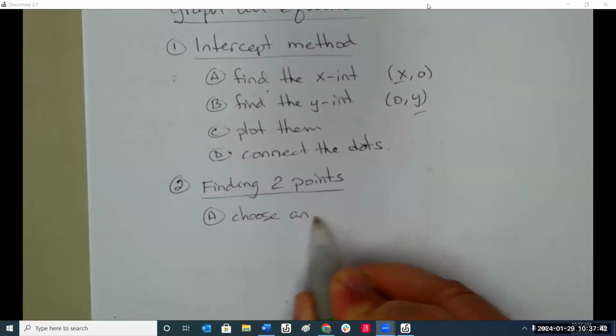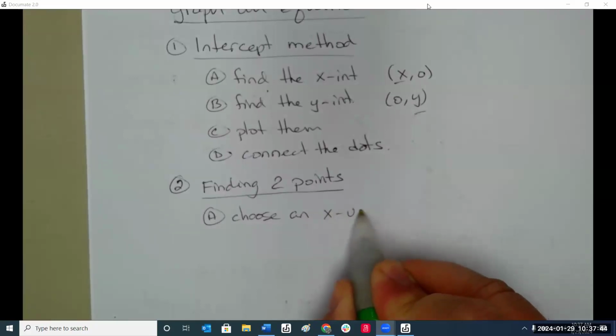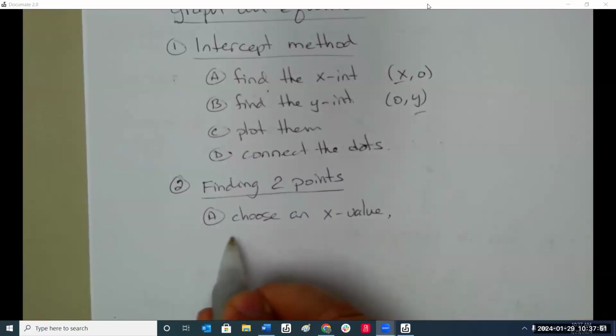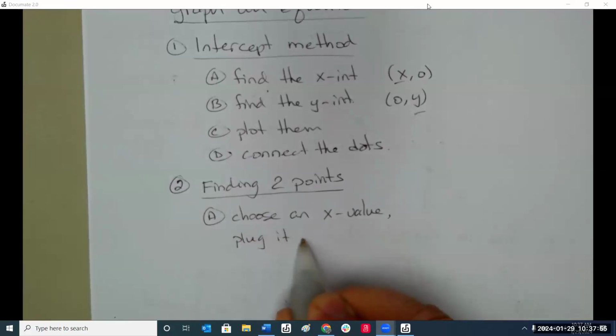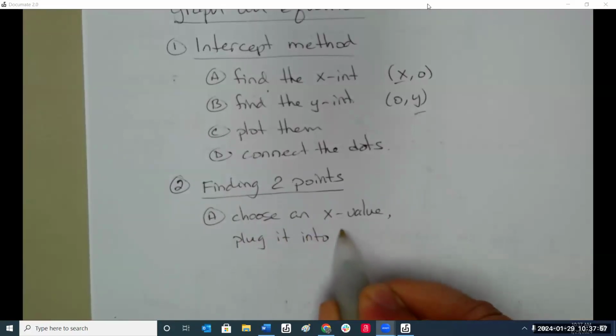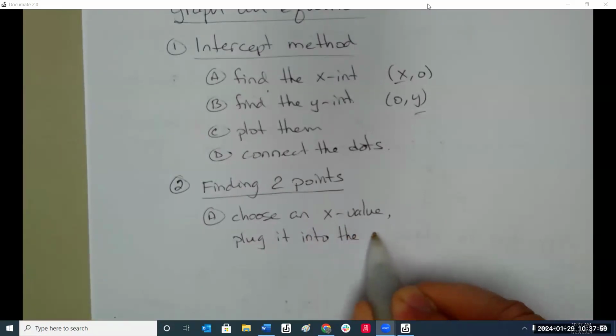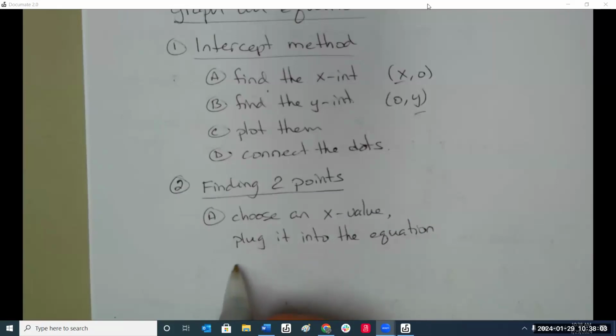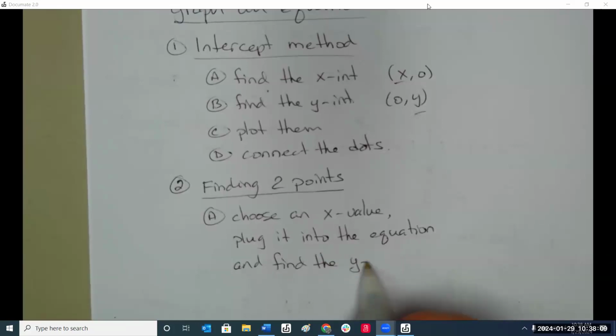Choose an x value, plug it into the equation, and find the y value.